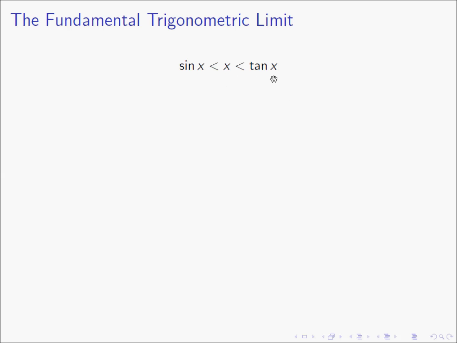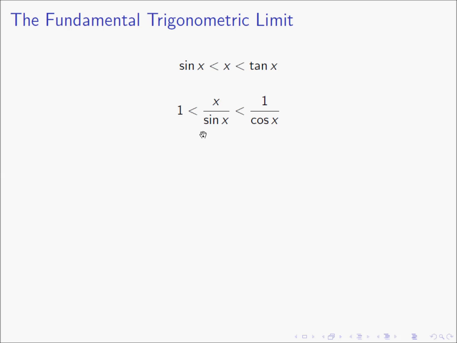Now we're going to forget about that picture, we're going to forget the geometry, and we're only going to deal with this inequality. And to do that we're going to first divide everything by sine of x. If we do that, on this side we get 1, here we get x over sine of x, and here we get 1 over cosine of x.